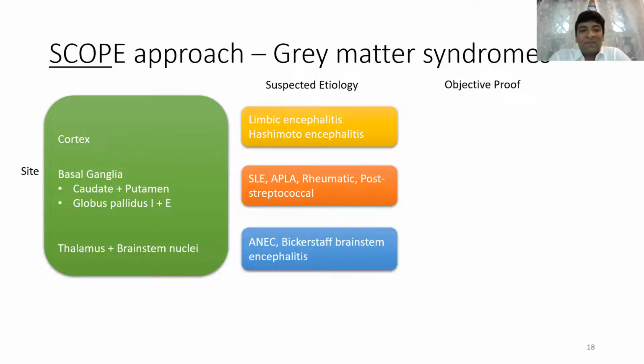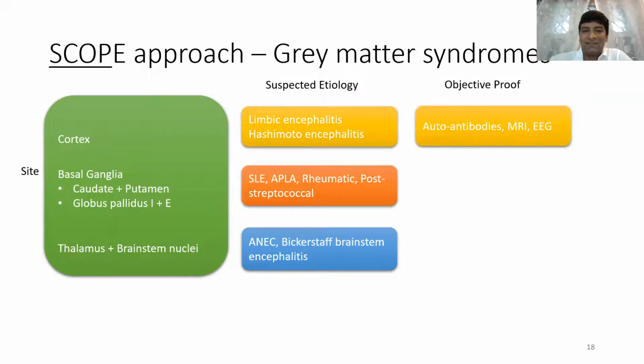And thalamic and brainstem involvement happens, for example, in acute necrotizing encephalopathy, which was something we saw fairly regularly in the coronavirus and the previous H1N1 epidemic waves. So it's a post-inflammatory disorder with typical appearances. And Bickerstaff brainstem encephalitis is actually related to Guillain-Barré syndrome in pathophysiology, but also involves brainstem function.